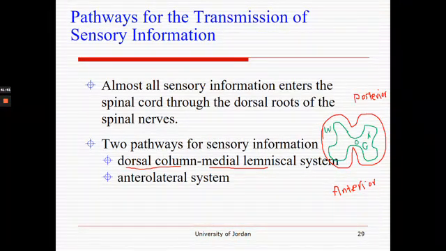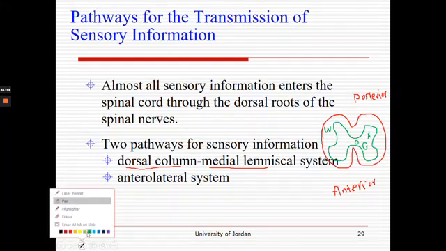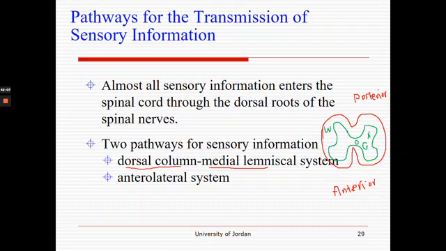The white matter surrounds the H-shaped gray matter, having the columns.